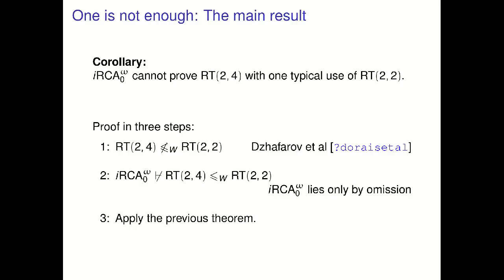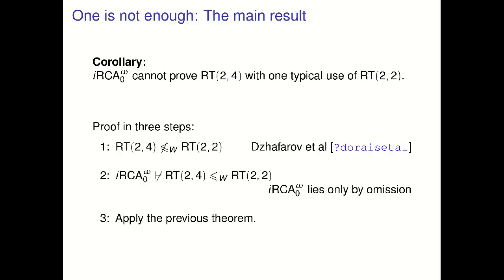I'm one of their friends, and Joe Mileti and Paul Shafer are the other 2 people in that article. So you take that result, and since this Weihrauch reduction does not hold, RCA-naught-omega can't prove that it does hold.